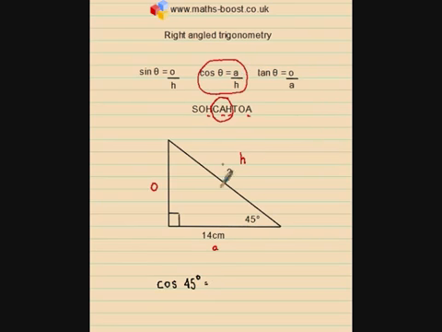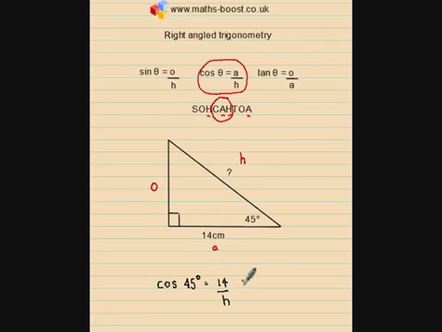I go to write out A for adjacent, but again I do know the value of A, it's 14. And finally with H, I don't know the value of it, so I've got no choice, I've got to write out H there.